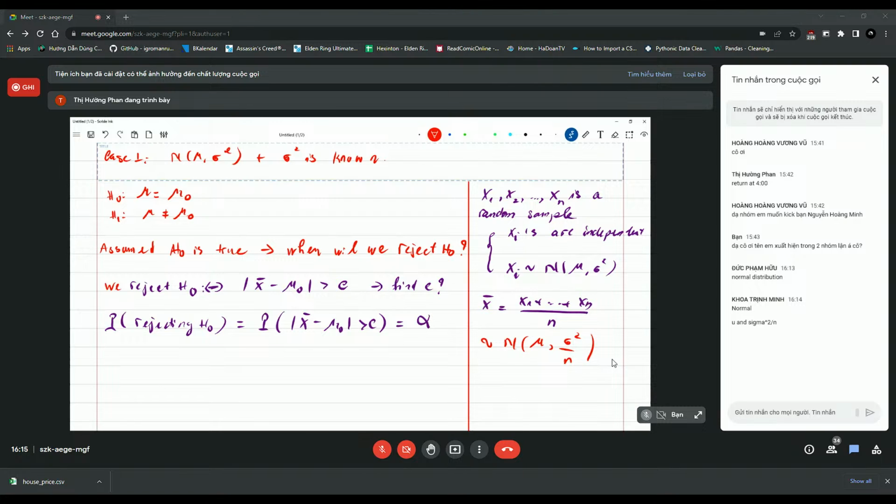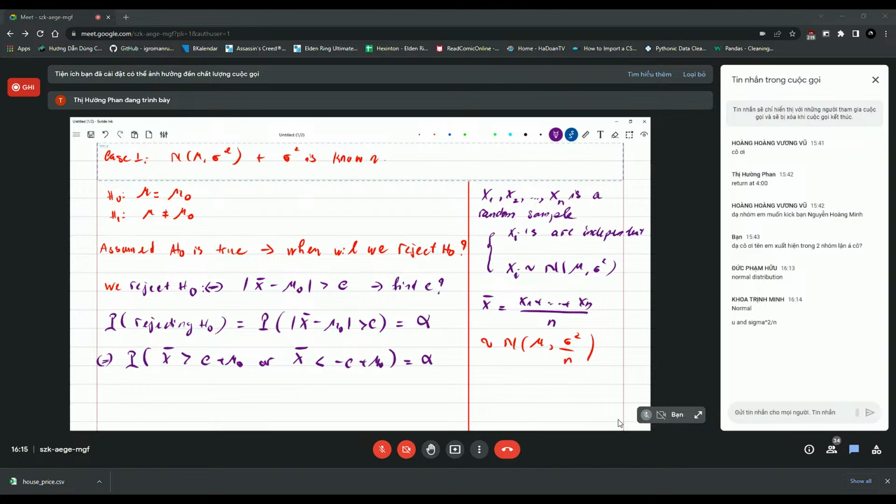Of course, we're able to find the probability given here. First of all, I remove the absolute value to be convenient. So I have S bar greater than c plus mu 0, or S bar less than minus c plus mu 0, equals alpha.